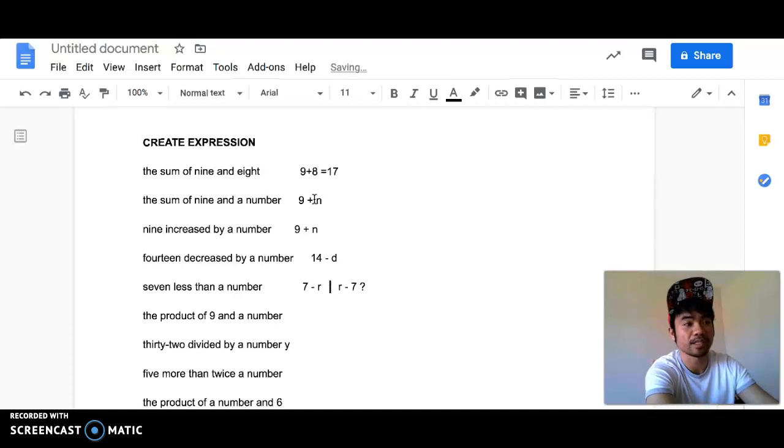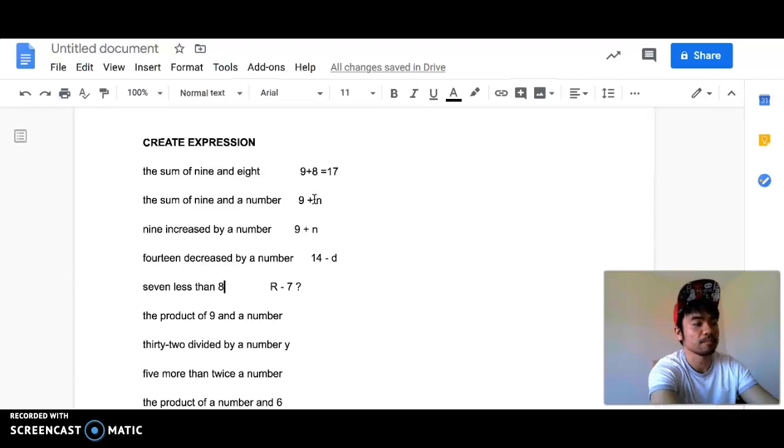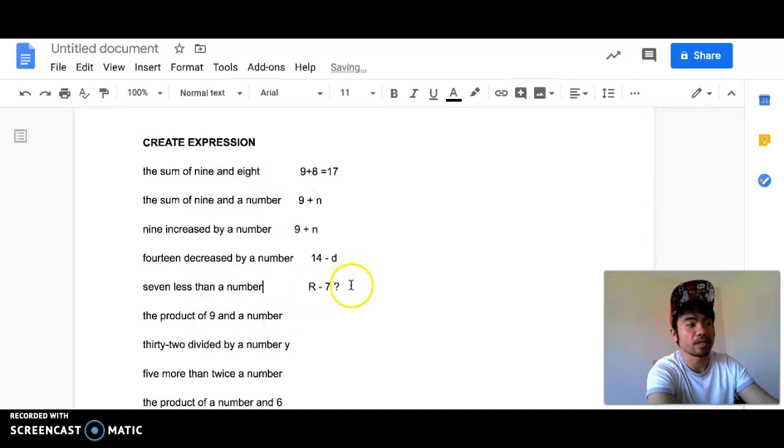It's not 7 minus r, okay? Because what if I change the number to, let's say, 7 less than 8? Isn't 7 less than 8 equal to 1? Because it's 8 minus 7, which is 1, isn't it? So please be careful of this one.